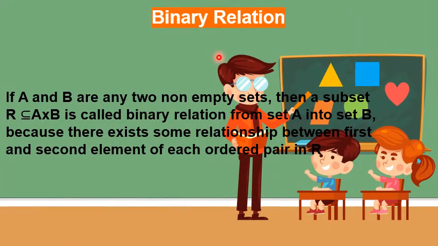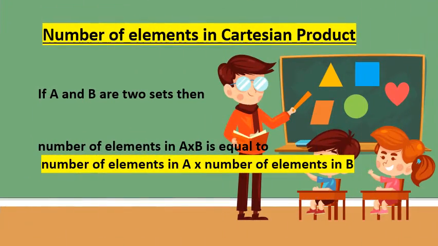Then students, the topic of binary relation. If A and B are any two non-empty sets, then a subset R of A cross B is called a binary relation from set A into set B, because there exists some relationship between the first and second element of each ordered pair in R. In simple words, all the subsets of the Cartesian product are called binary relations. Then what is the formula for finding the number of elements in the Cartesian product?